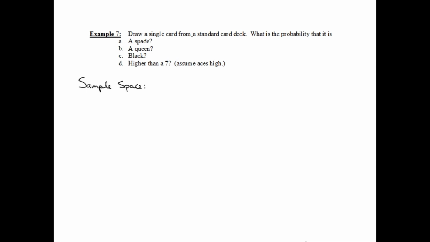What do I mean by normal cards? I just mean we're talking about a standard card deck instead of some specialty deck. So we might have the ace of diamonds, 2 of diamonds, 3 of diamonds, and so on. I'm just going to describe them here in words, the set of 52 cards. Okay, and so how many elements are in our sample space? 52, right?